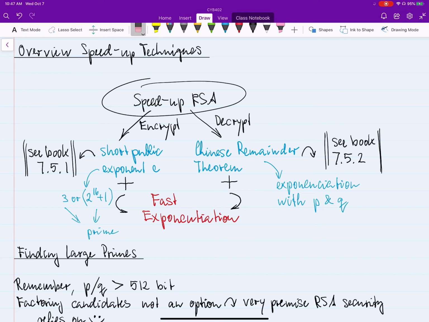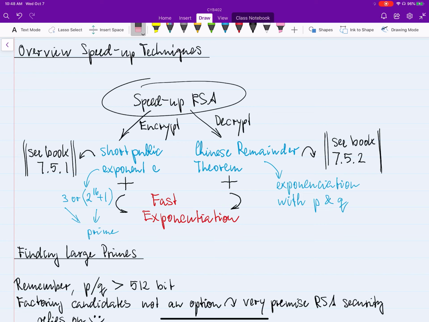Because as you remember, on the decryption side, Bob knows what p and q are and can use the Chinese remainder theorem to, instead of doing exponentiation with one large d, do exponentiation with p and q, which are much smaller numbers, of course, and that way speed up the decryption.